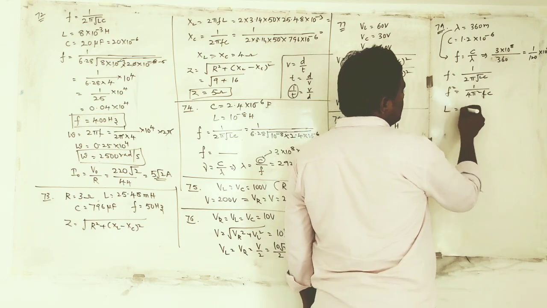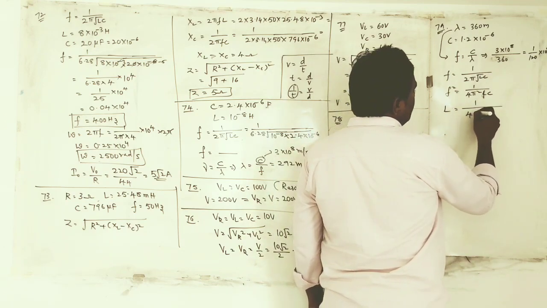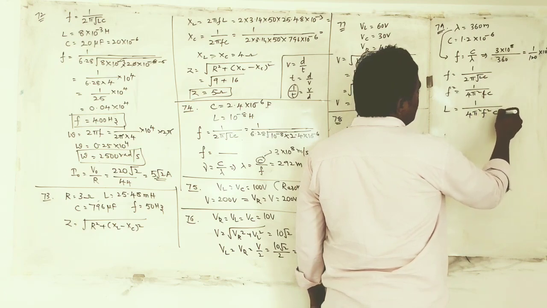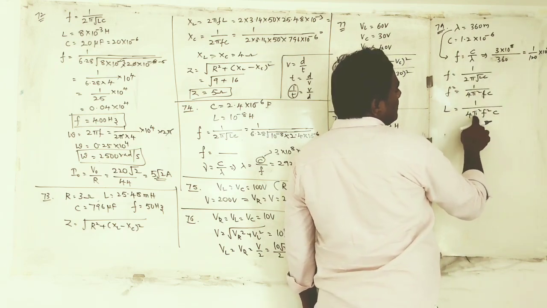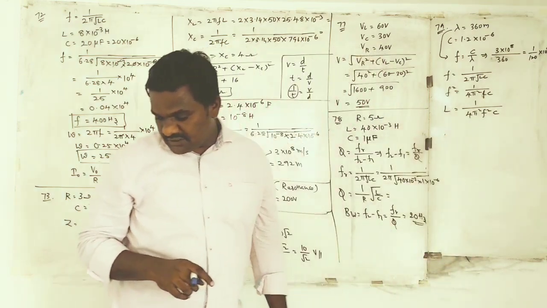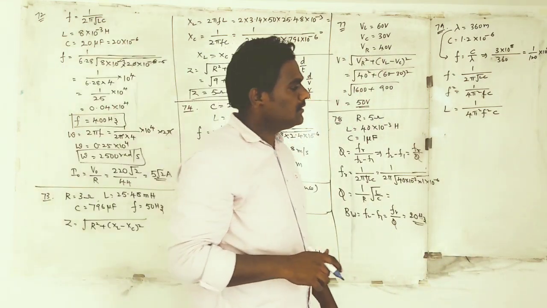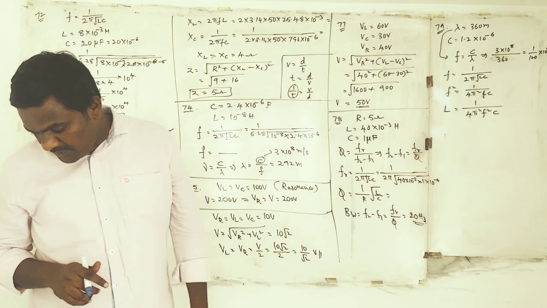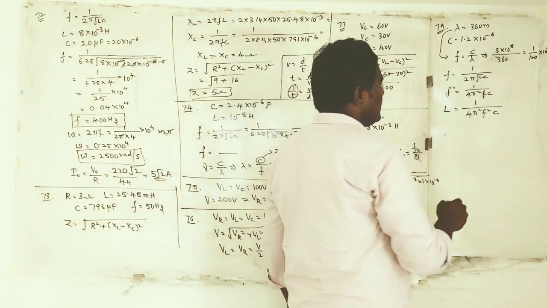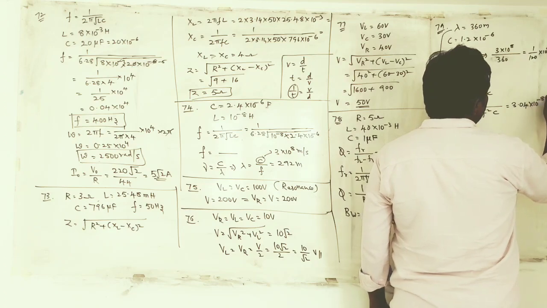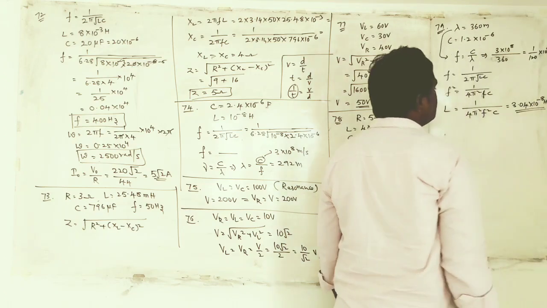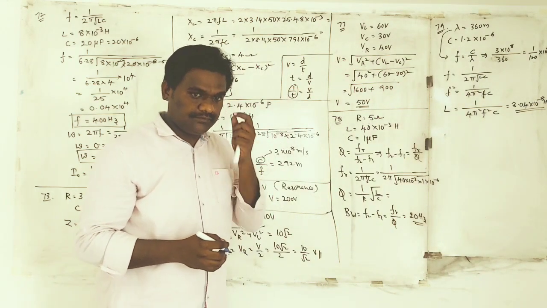Now from this, L is equal to 1 divided by 4 pi square F square C. Substitute this F here. C is given, pi is constant. If you substitute these values, you will get the answer as 3.04 into 10 to the power of minus 8 Henry. So calculation is your job.